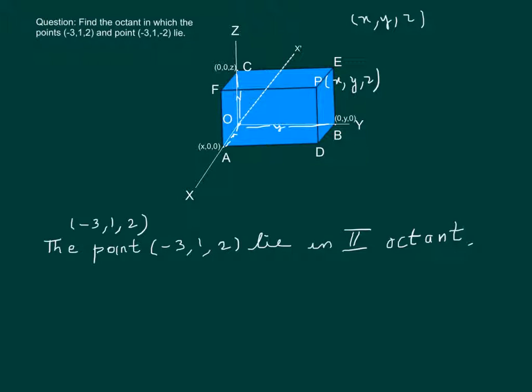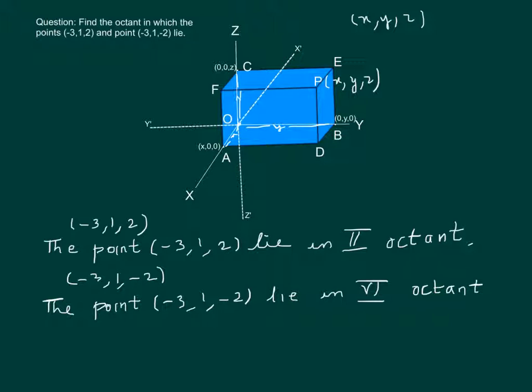Now let us look at the second point, which is (-3, 1, -2). Clearly, -3 lies on OX dash, 1 lies on OY, and -2 will lie on OZ dash, implying that this point (-3, 1, -2) should lie somewhere in this octant, which is the sixth octant.